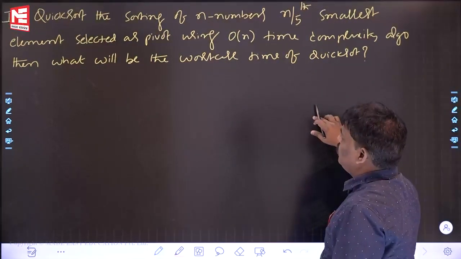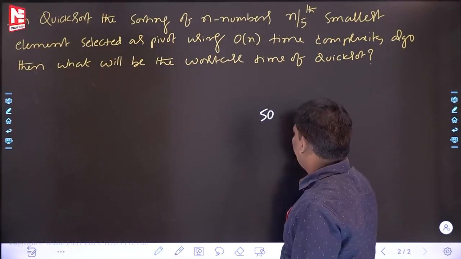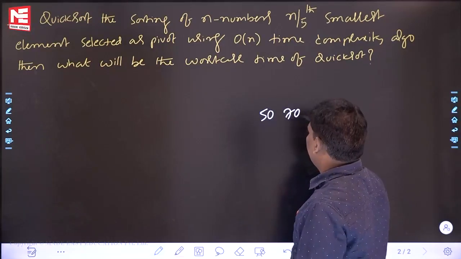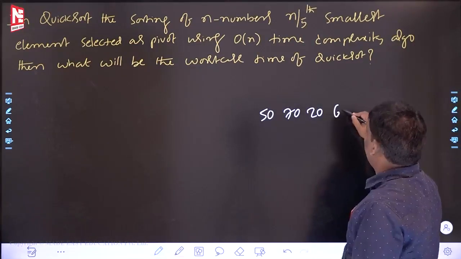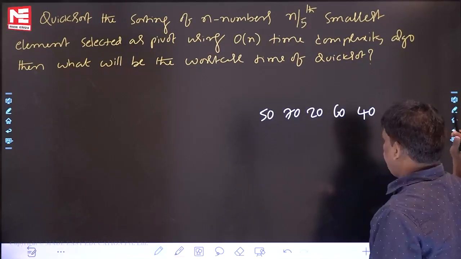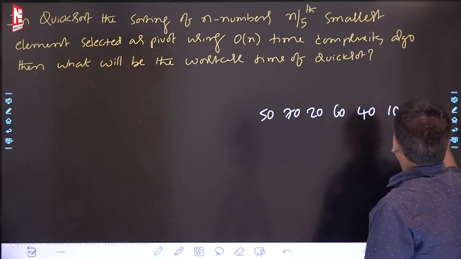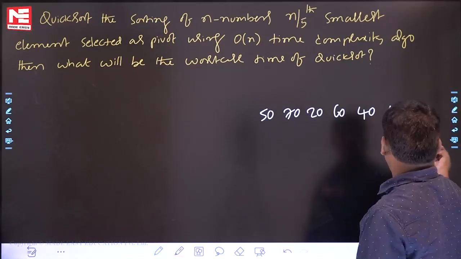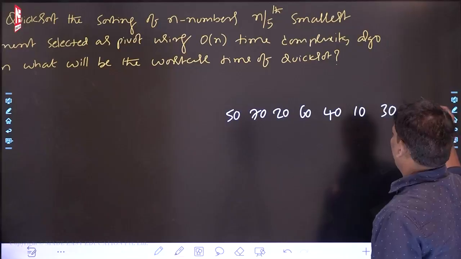See this one. Carefully listen. I am explaining. The array is 50, 70, 20, 60, 40, 10, 30.